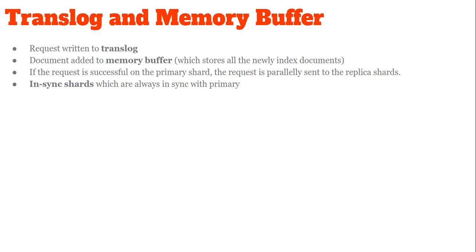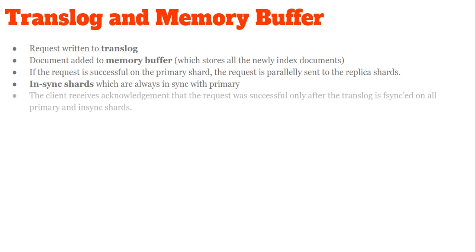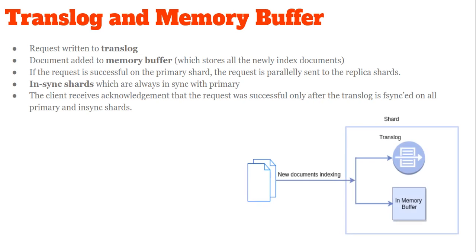That is the minimum quorum required so that we can tell the client, yes, now your request is successfully written. The client receives acknowledgement that the request was successful only after the translog is fsynced on the primary and all in-sync shards. Here we have a diagrammatic representation of the same.